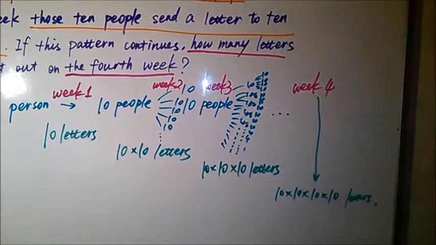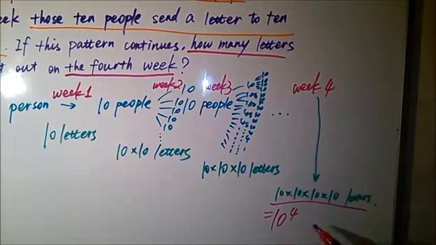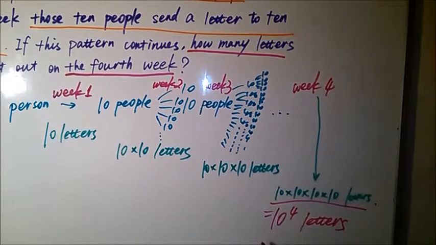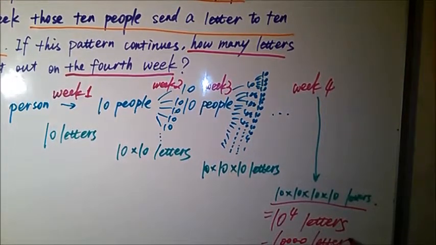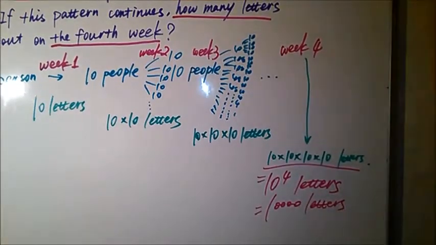And that will equal 10 to the 4th power, right? Which will be 10 with 4 zeros, which would be about 10,000 letters. 10,000 letters. That should be your answer.